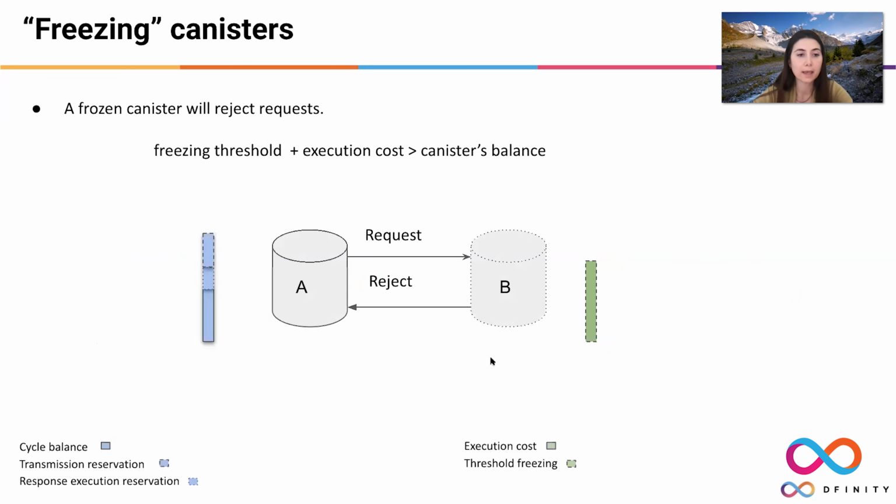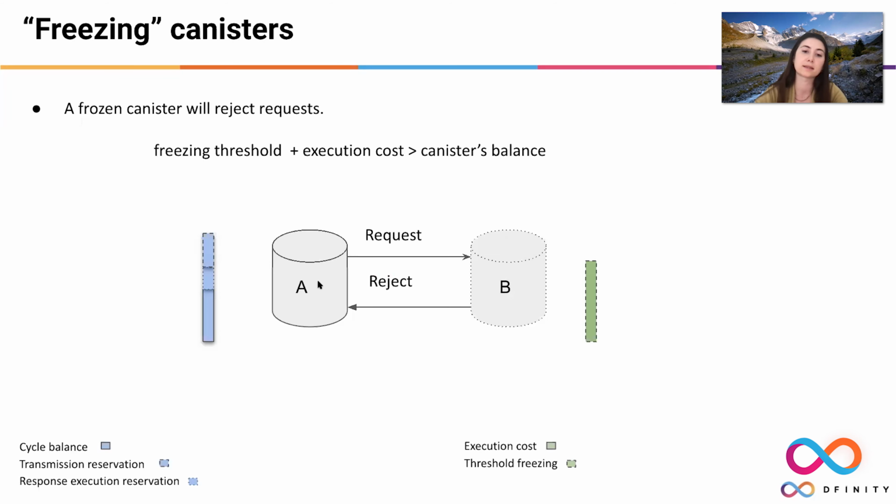A third scenario is when, let's say, we have two canisters, A and B. Canister B is marked as being frozen because the balance is way too close to the freezing threshold, so it has to support the freezing time.